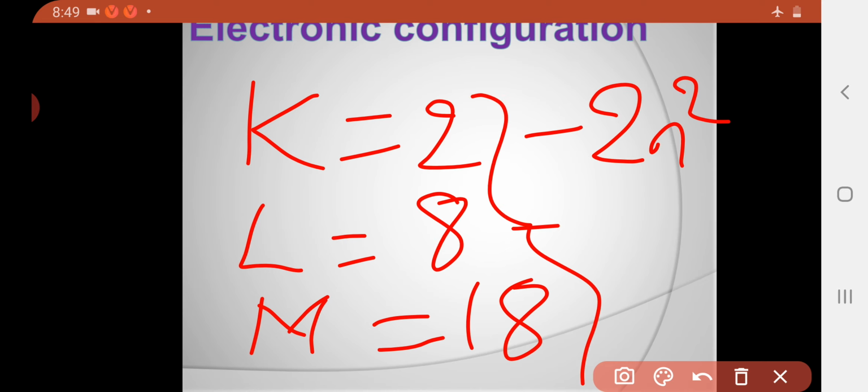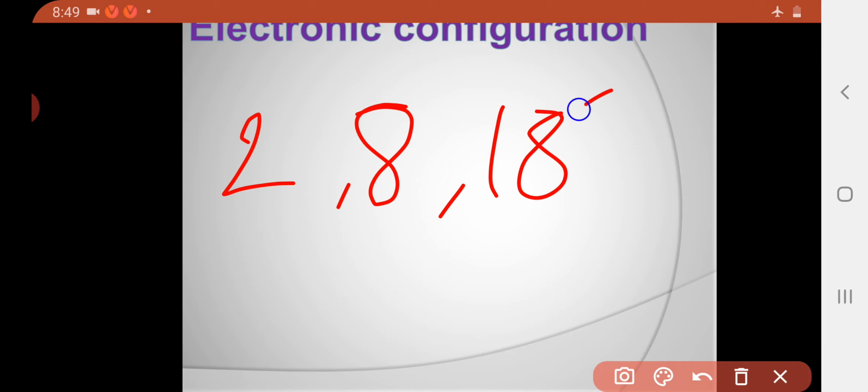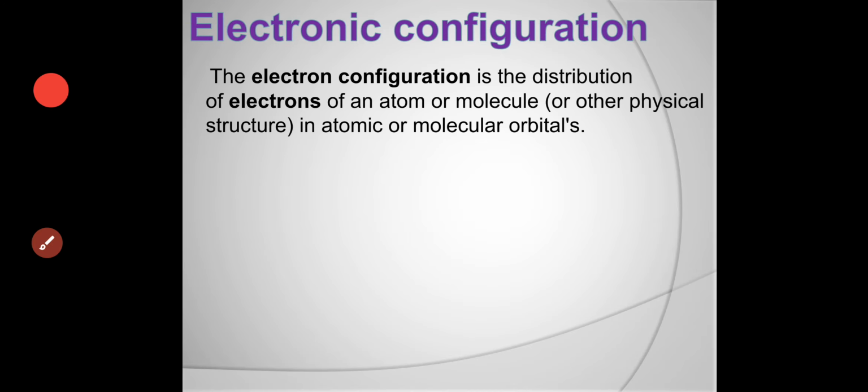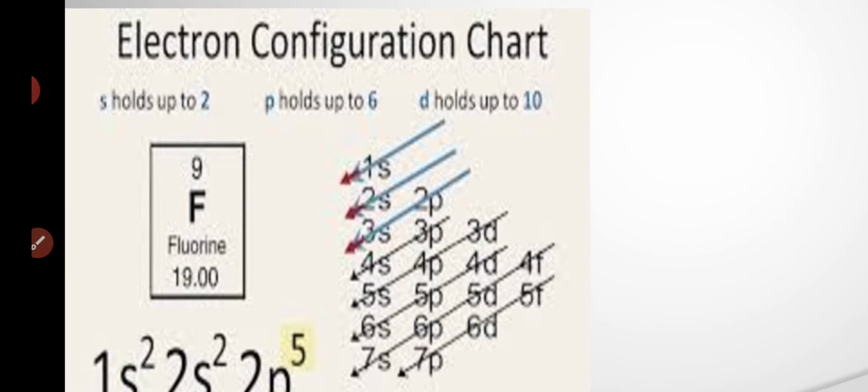Also, while filling the electrons, the first shell will be filled with 2, the second shell with 8, and the third not with 18 but with 8. Why? Because here there is an electronic configuration chart. This is the electronic configuration chart, and in this way we are filling the electrons.